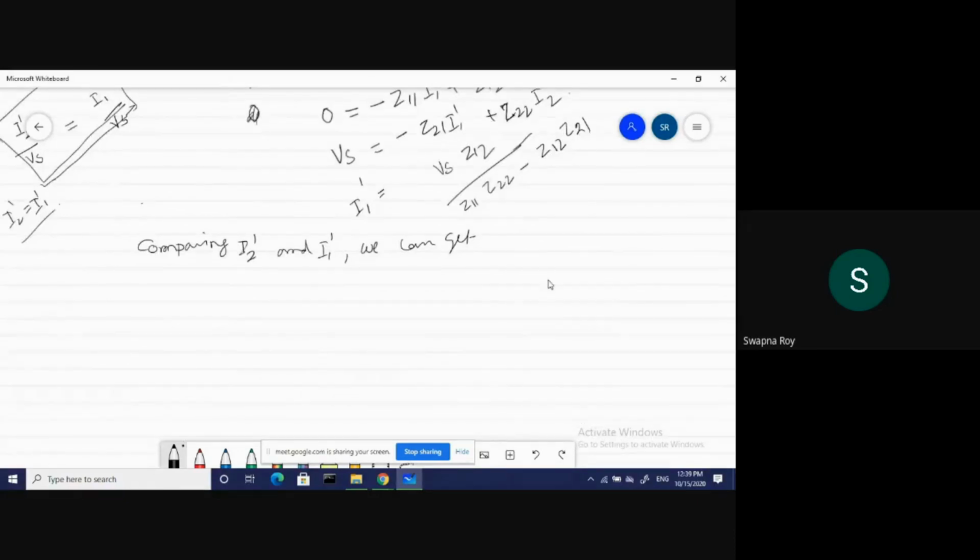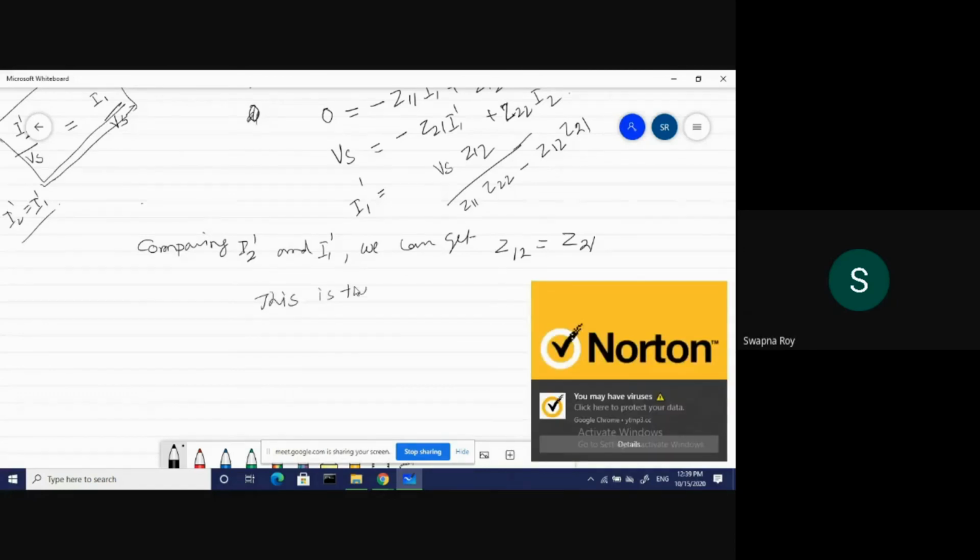So we get Z12 is equal to Z21. This is the condition of reciprocity. That means when the network is reciprocal, Z12 is equal to Z21.